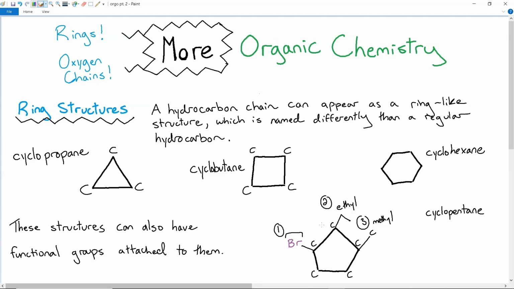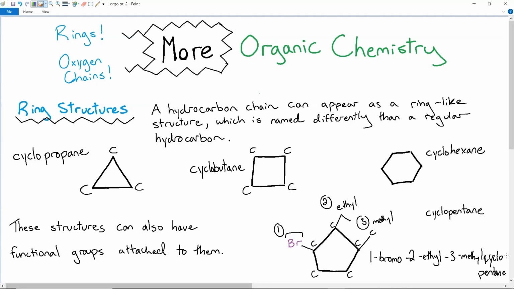Next, I need to write them out in alphabetical order. And luckily for us, it's already in alphabetical order because we have bromine, B, ethyl, E, methyl, M. So this is how we're going to write that out. 1-bromo, 2-ethyl, 3-methyl, cyclopentane.